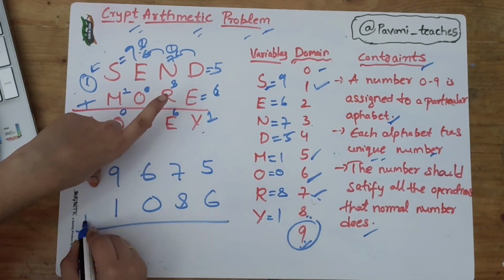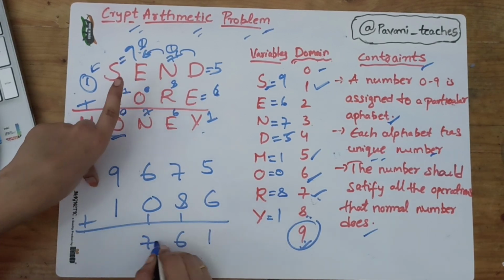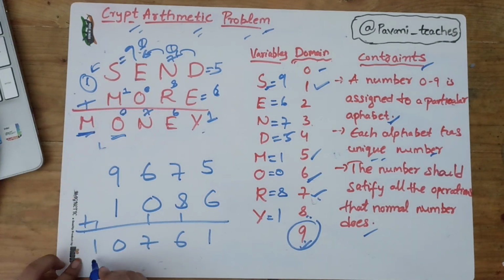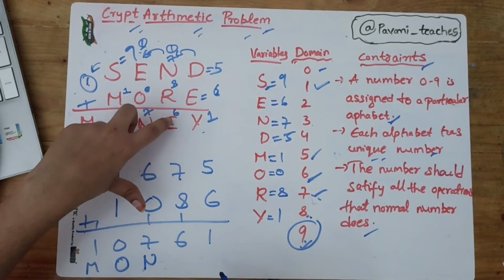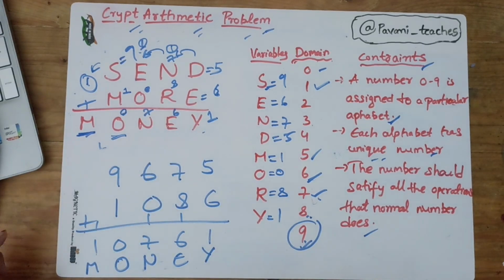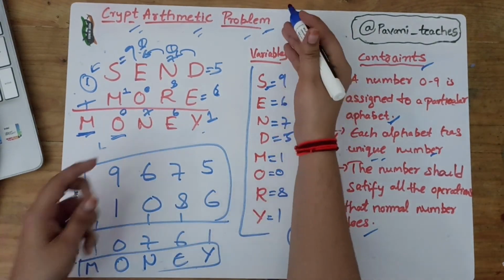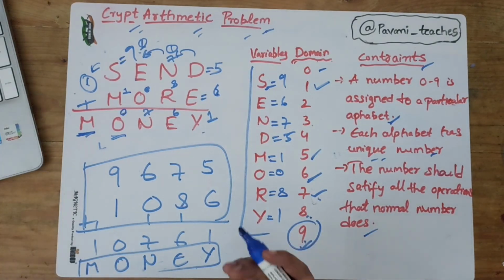Now you have to add all these numbers: 1, 1, 6, 1, 7, 0, 1 carry 1. Do we get the same? 1 is M, 0 is O, 7 is N, 6 is E and 1 is Y. This is the final check for each and every variable.